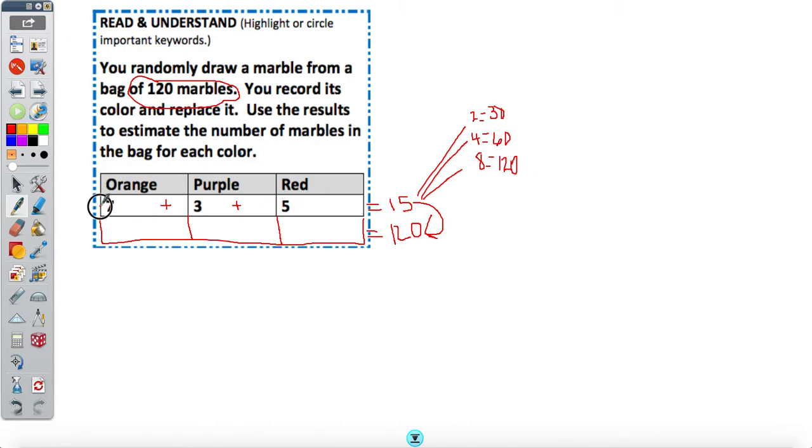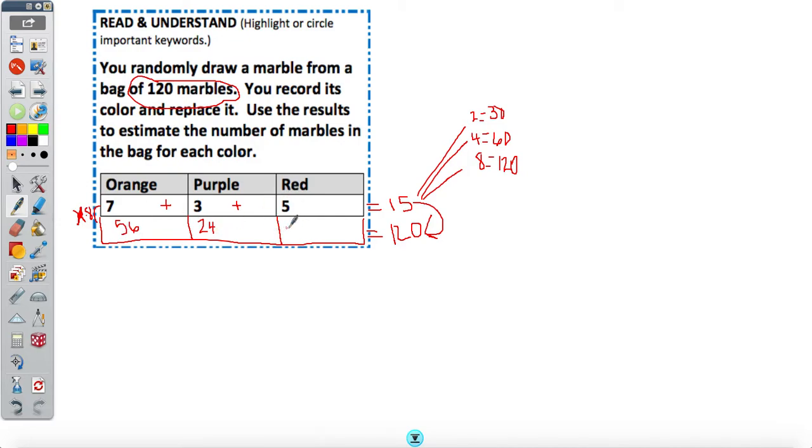So using that same ratio, 7 times 8 is 56. You know what? We'll do it this way. 3 times 8 is 24.